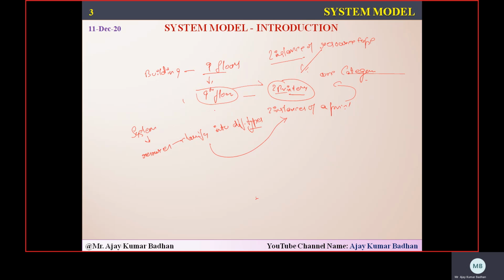But in case, let us suppose that among these 2 printers, one printer is on the 1st floor, okay, and another printer is on the 9th floor. Now, can the people who are working on the 9th floor see these 2 printers as 2 instances? Will they be able to see it? It's highly impossible, right?